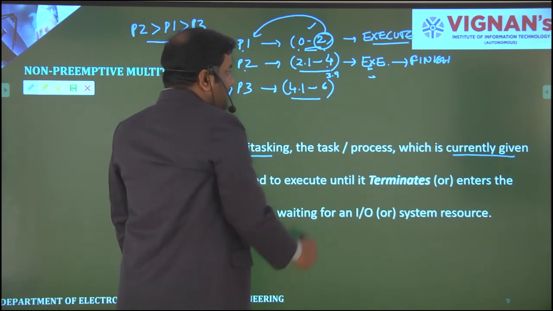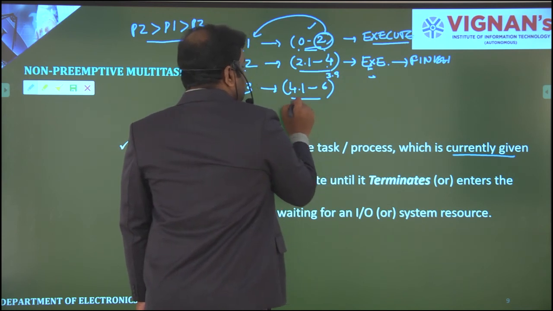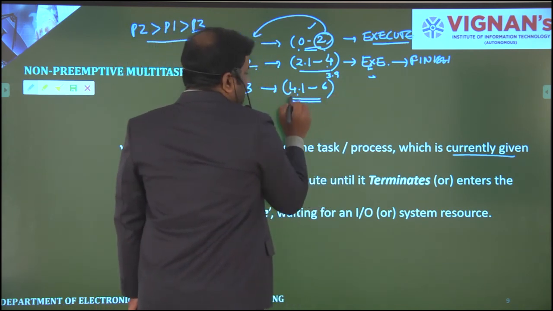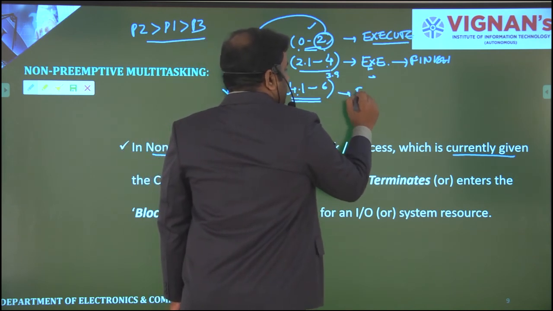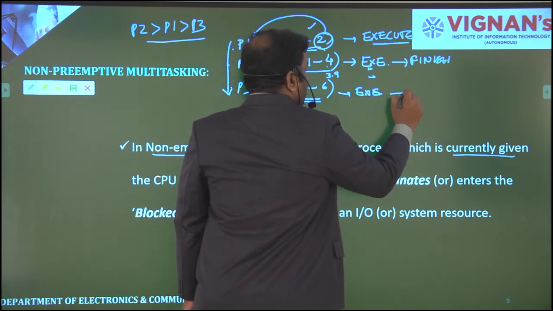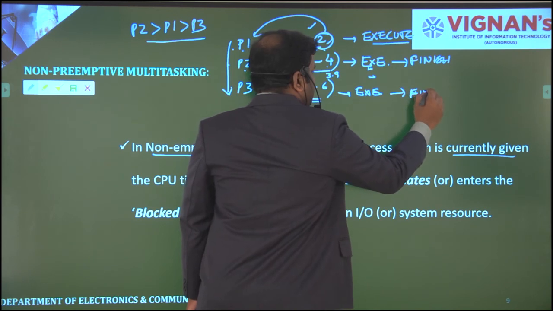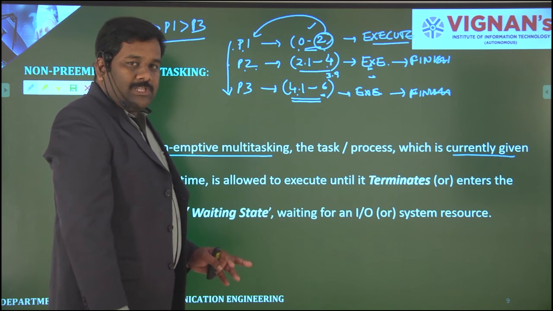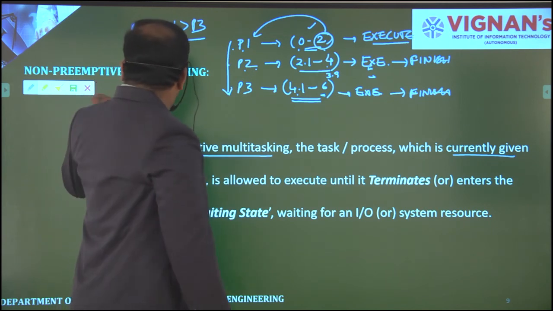If it is not completed, after 4 there is no time slot available for P2. So once 4.1 seconds is reached, P3 will start execution and it has to finish by 6 seconds. It won't bother much about the priorities.